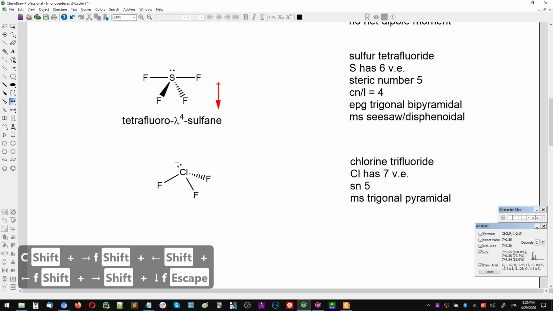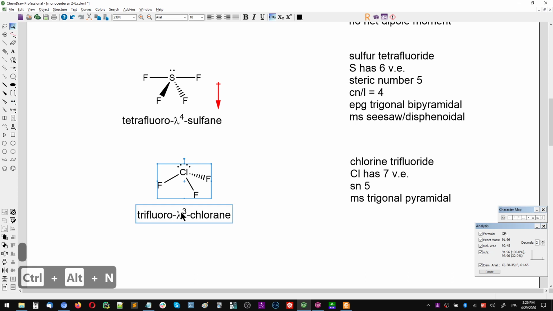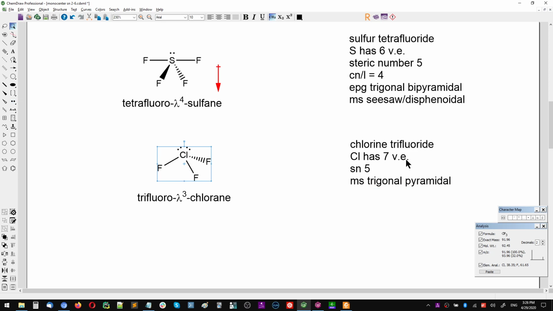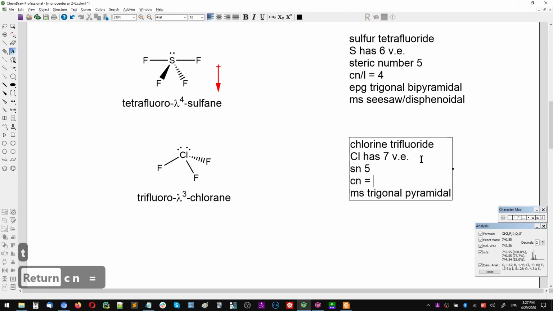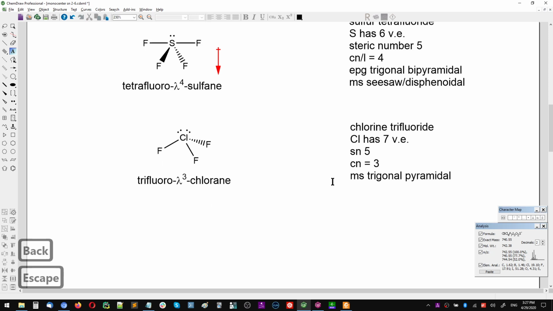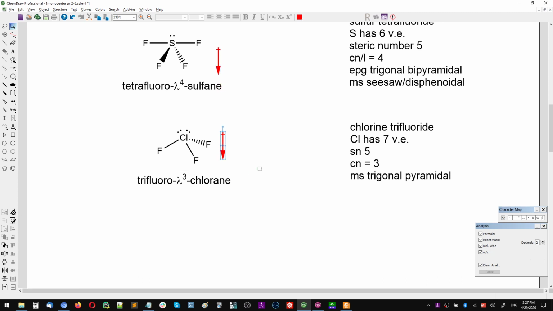We have electrons floating here, and again lambda because it doesn't have the usual coordination number of 1. So in our case the coordination number is 3 instead of 1. And there is a net dipole moment again. Let's just use the same arrow. Actually, an easier shortcut is just holding control and dragging down, and it creates a copy.